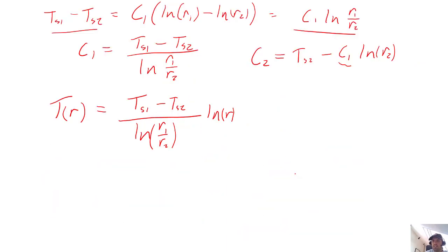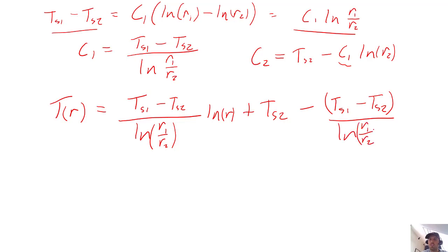Then we need to add in C2, so that's going to be plus TS2 minus, now we have C1, which is TS1 minus TS2 divided by natural log of R1 over R2, and then this is going to be multiplied by the natural log of R2. So it's starting to look a little bit more manageable.